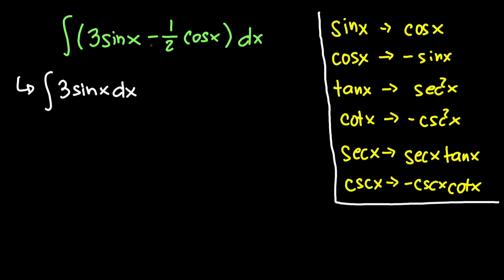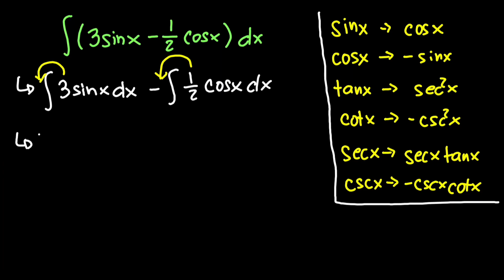The operator here is a negative, so this would be minus the integral of 1/2 cosine of x dx. The next step would be to put all constants outside the integral. So this would be 3 integral of sine x dx minus 1/2 the integral of cosine of x dx.